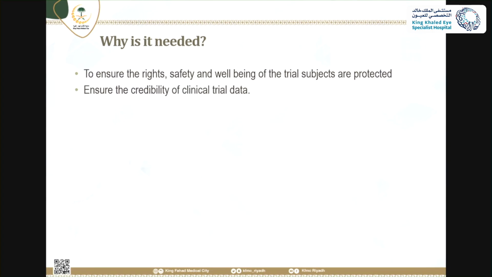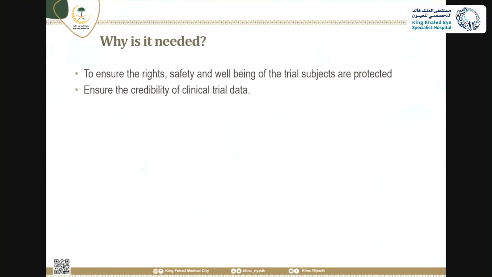But he delegates this task to a committee called the Institutional Review Board. Its main responsibility is to govern the clinical research conduct and ensure that the conduct of research is in compliance with local and international ethical guidelines.